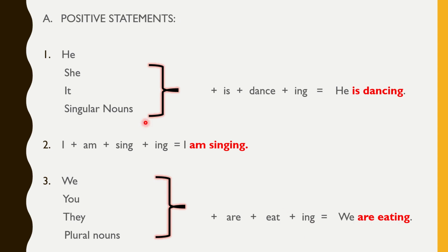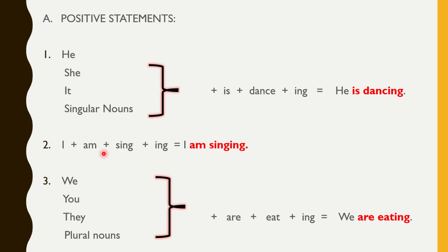He plus is plus dance plus ing, he is dancing. She plus is plus dance plus ing, she is dancing. It plus is plus dance plus ing equals it is dancing. Or we may have a name, Meena plus is plus dance plus ing, Meena is dancing.